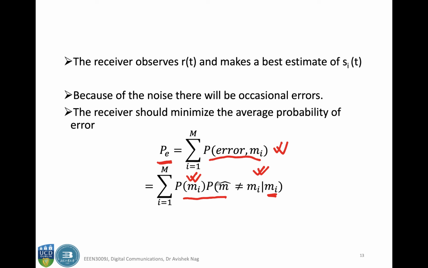That probability multiplied with the a priori probability of the symbols gives you the error due to m_i, and you sum it over all values of i, and you get the final probability of error, and your ultimate goal should be to minimize this average probability of error.